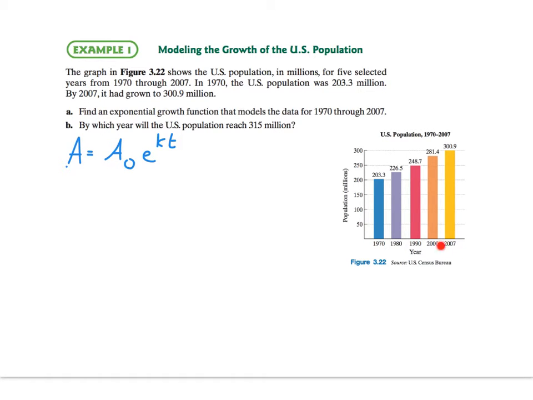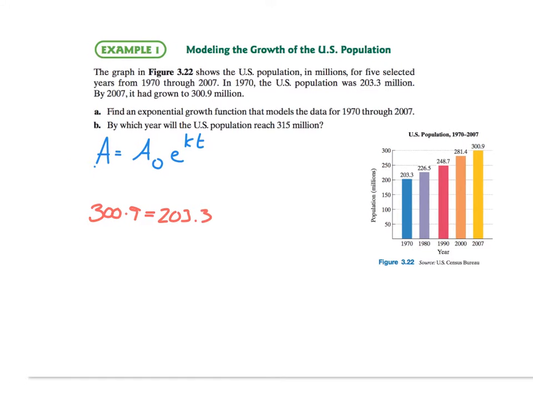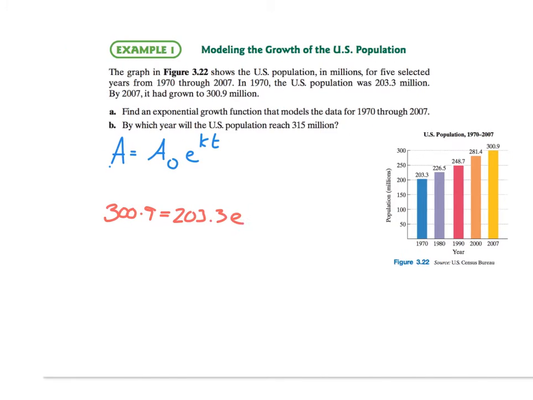The last year represents our A value, so A is equal to 300.9, which represents millions of people. Our initial amount in 1970 is 203.3 million. The elapsed time between both values is 37 years.